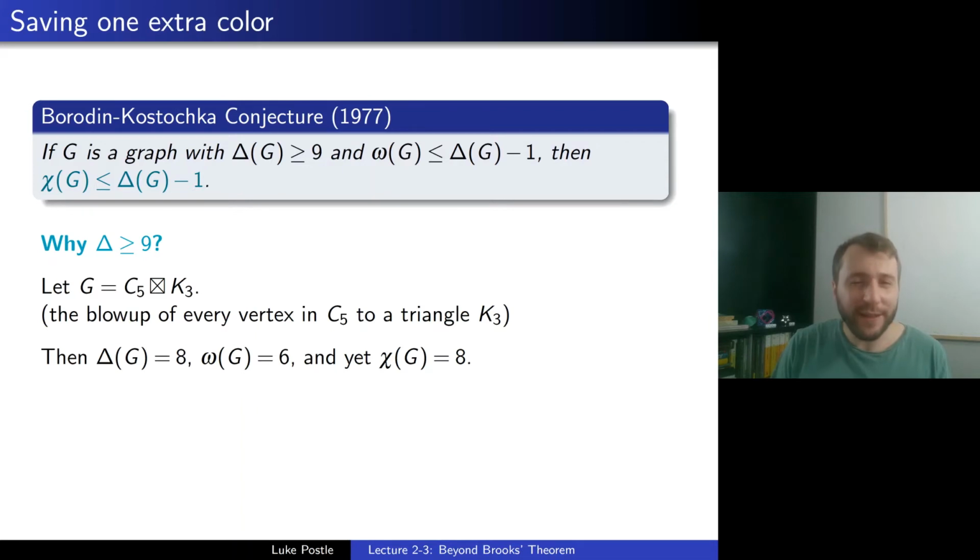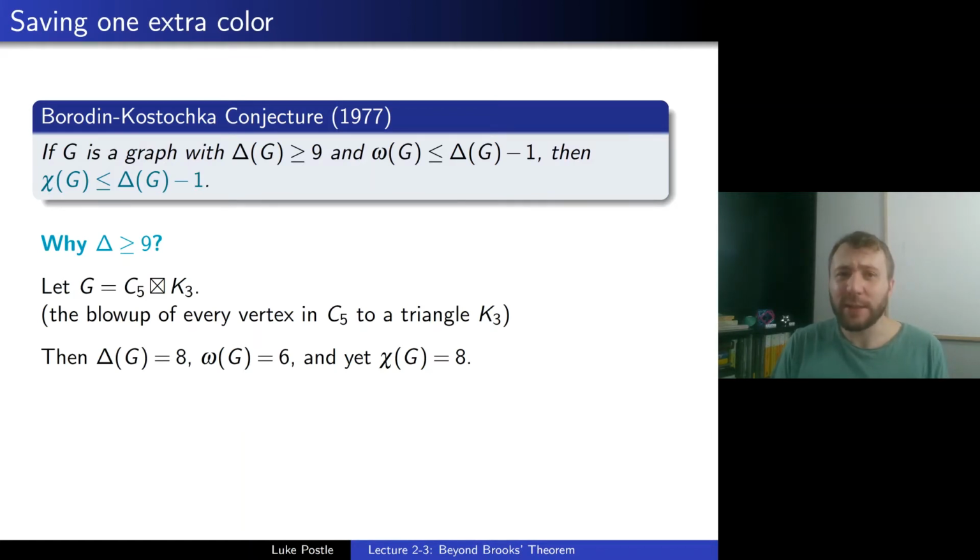You have ω being 6, because that's the largest you can find, 2 neighboring triangles. And yet if you go through it, χ will have to be 8. So you won't be able to color it with 7 colors. What is that saying? Well, with Δ being 8, we'd want for Borodin–Kostochka χ to be at most 7, and this fails even when ω is 6 instead of 7. So somehow there are just lots of small examples, a la the odd cycles a bit, that show why this won't work.